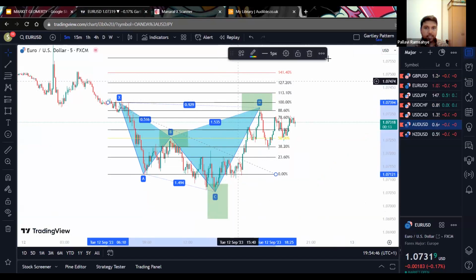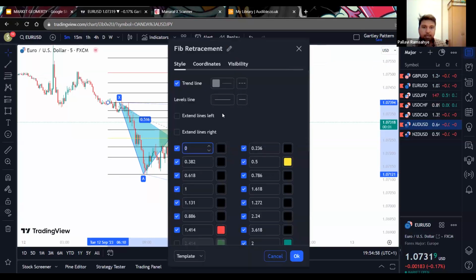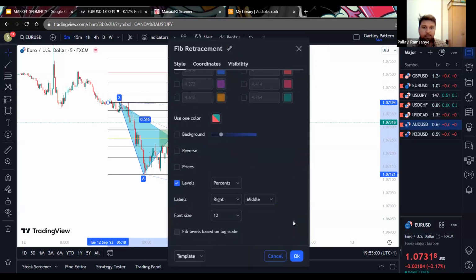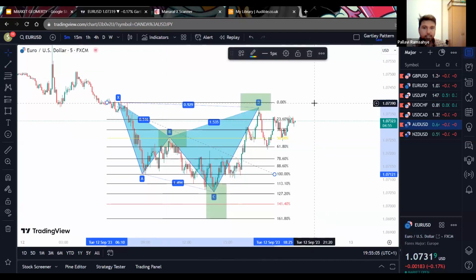And then for the extension, can anybody tell me where we are placing the fib tool for the extension? Can anybody put that in the chat? So I'm going to change that quickly so we can get the extension.